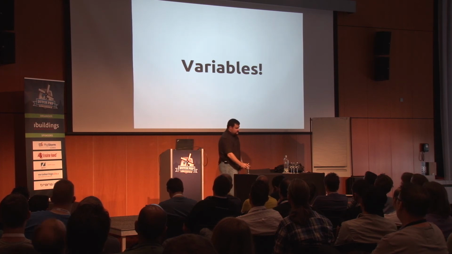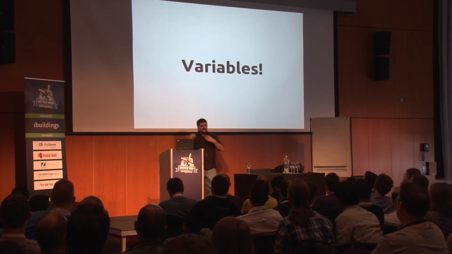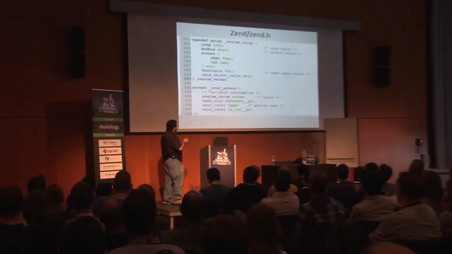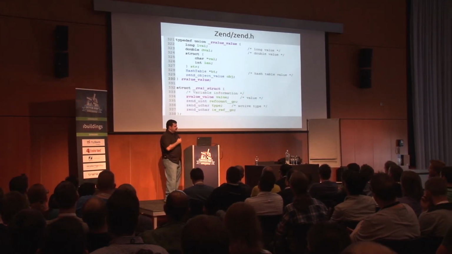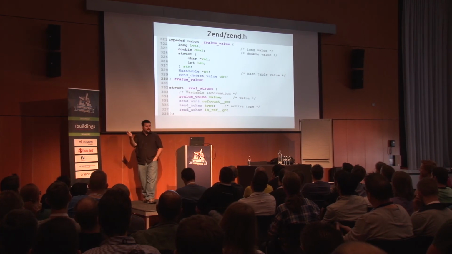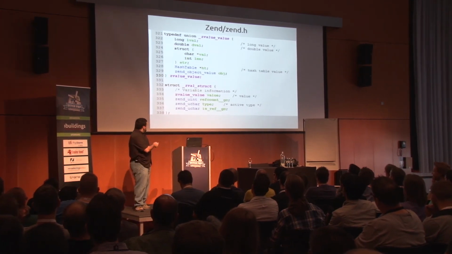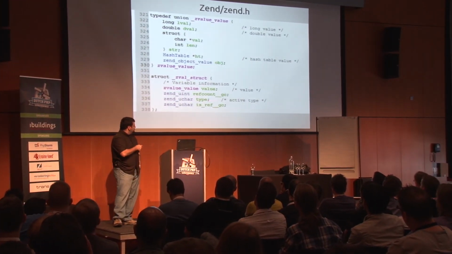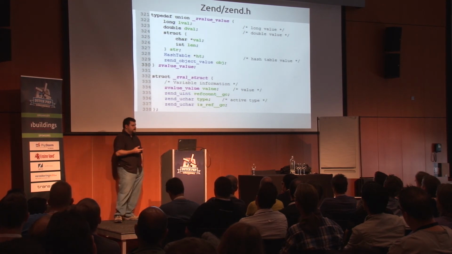So the last main piece of the puzzle here is we need these things to hold our values, these variables. In C, we have a concept of a zval. A zval is a Zend value. It has 4 main pieces of information. It has a value, it has a type, and it has these 2 things called refcount and is_ref.